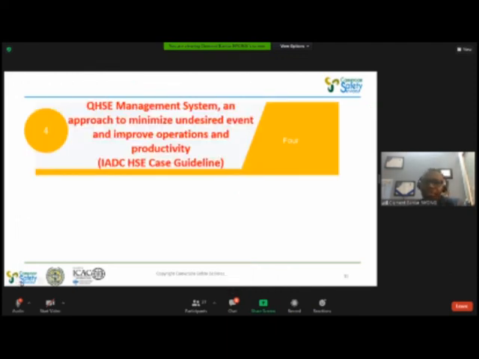So we will just quickly look at the QHSE management system. The IADC has worked a lot, as we could see from the statistics, and has been able to create an HSE case guideline that enables operators and contractors worldwide to have a common approach to managing quality, health, safety, and environment at their various workplaces.